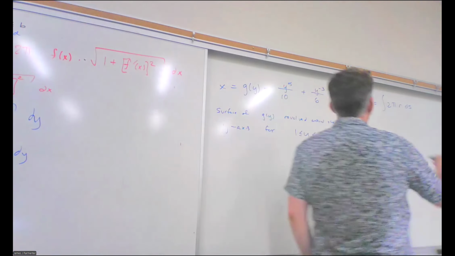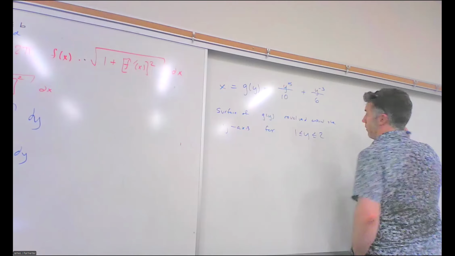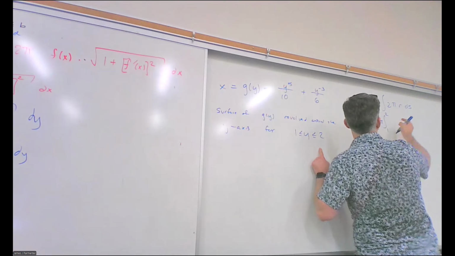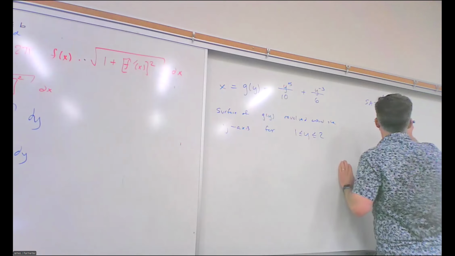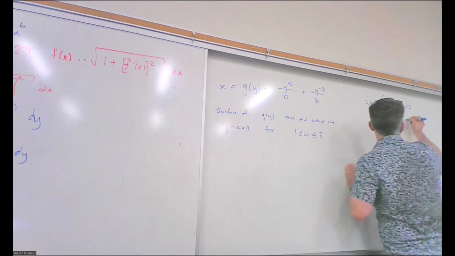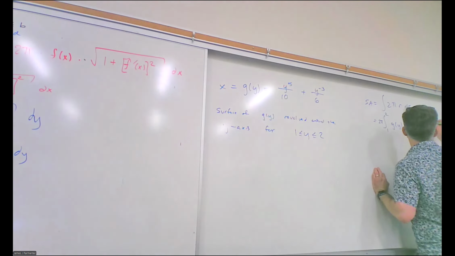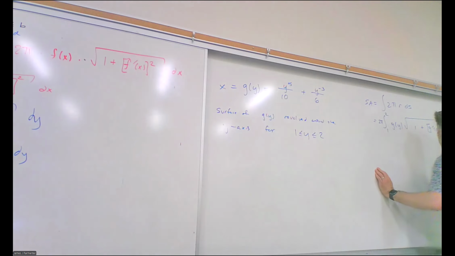So in this case, it's going to be the integral from 1 to 2, bring the 2 pi out in front. My radius is g of y, and my ds is the square root of 1 plus g prime of y squared.